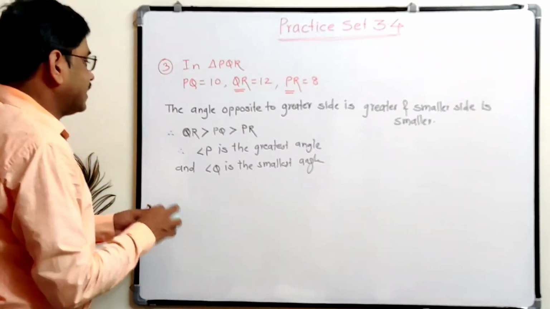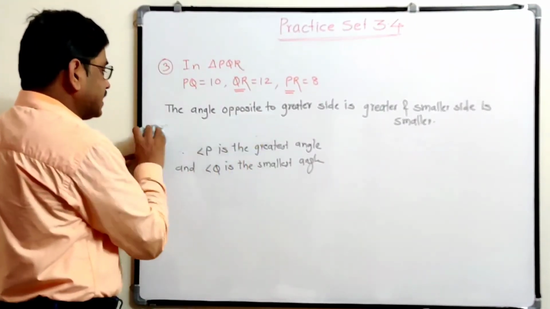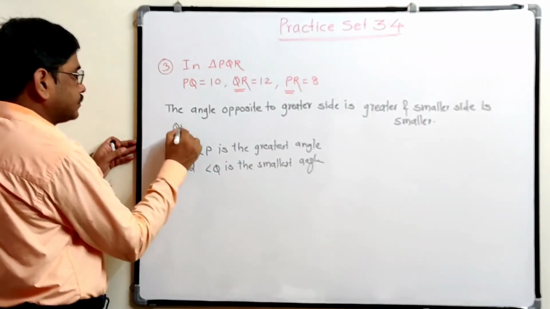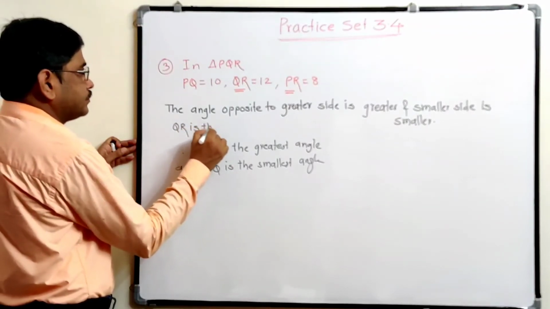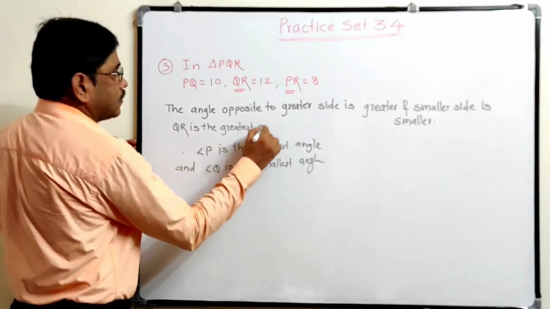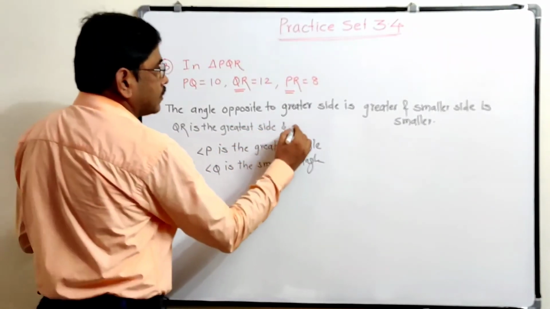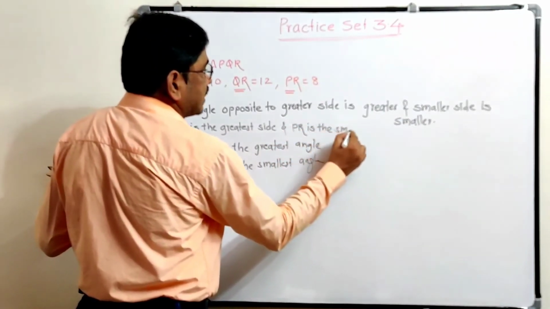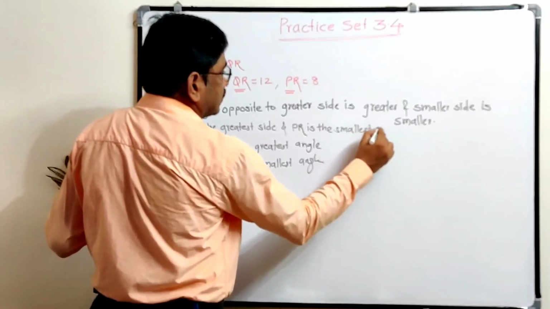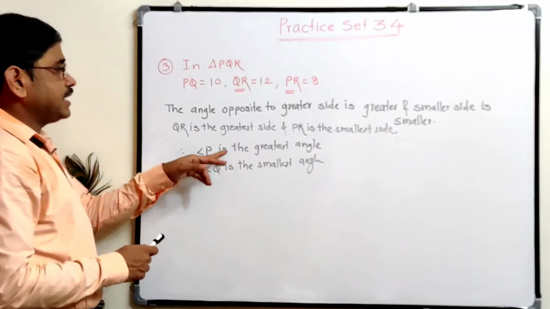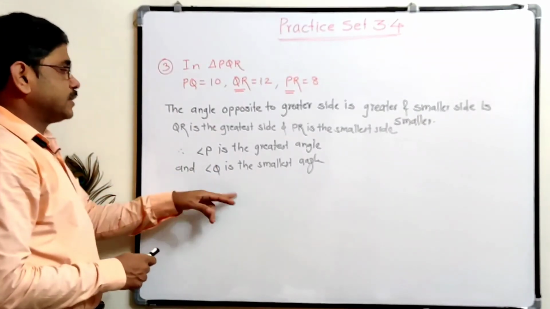Instead of this one, if this is not understood, we can write QR is the greatest side and PR is the smallest side. Now it will be clearer. Then angle opposite to greatest side, angle P, is the greatest angle, and angle Q is the smallest angle, opposite to the smallest side.